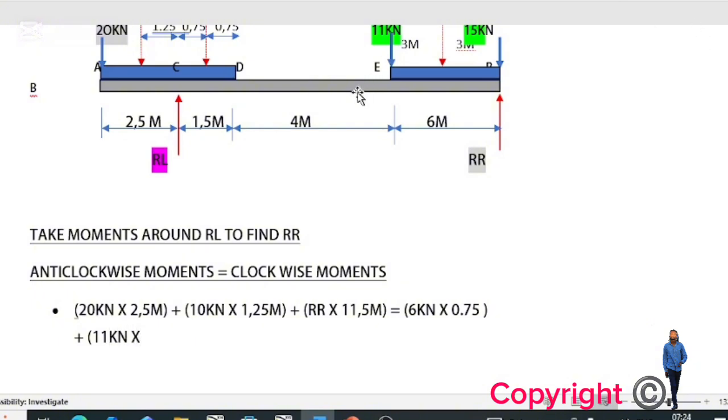For 11 kilonewton, the distance is 4 plus 1,5, or 5,5 meters.